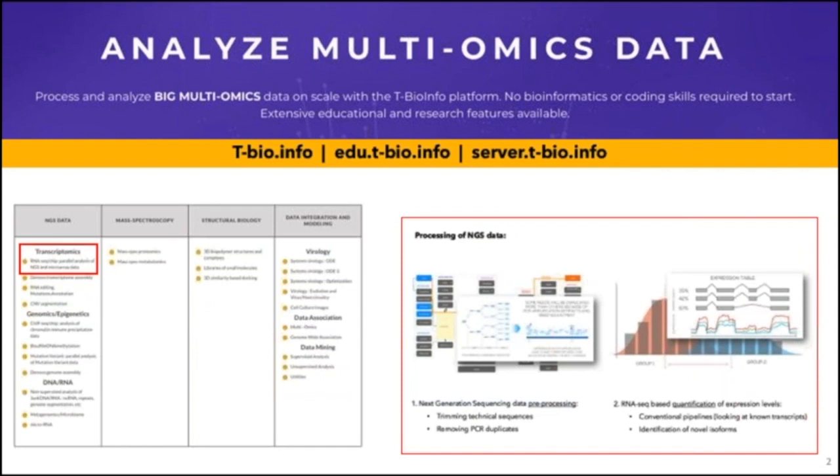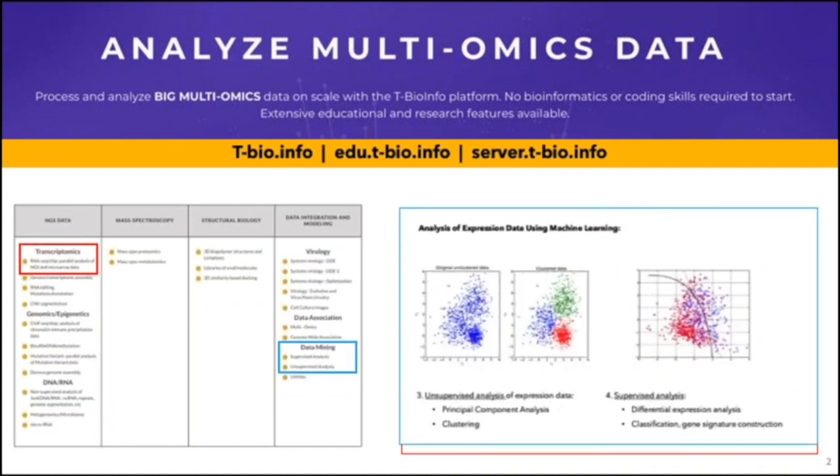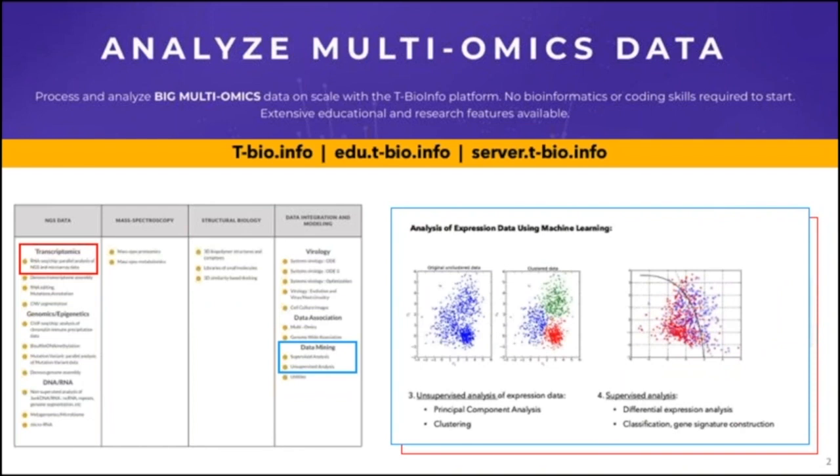We went through how to do a typical expression table with pre-processing and quantification. And then we looked at data mining, at unsupervised methods where we look at the groupings or patterns within the data, and then use that pattern to train and classify a new sample, for example, a group of samples.